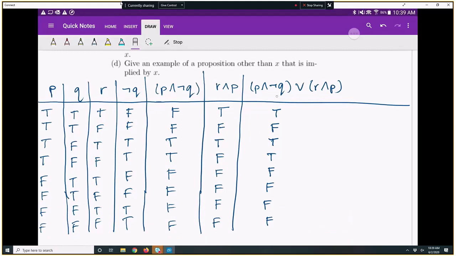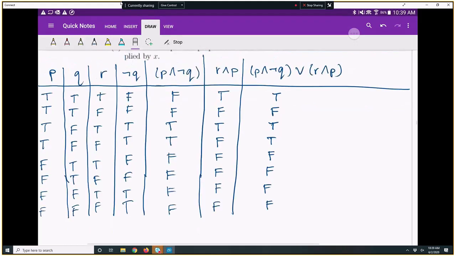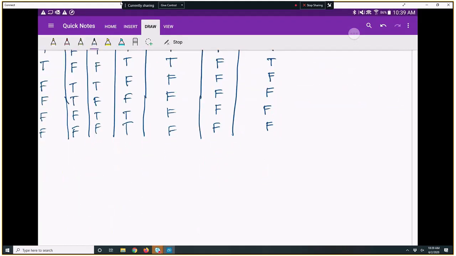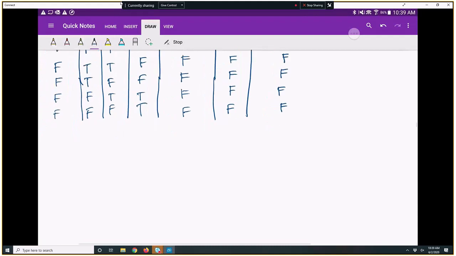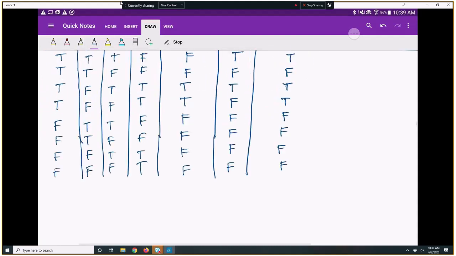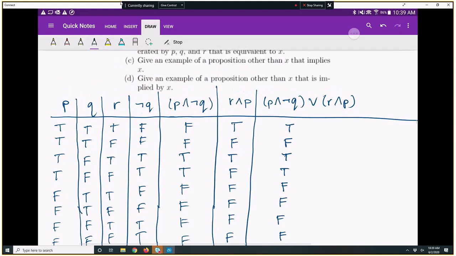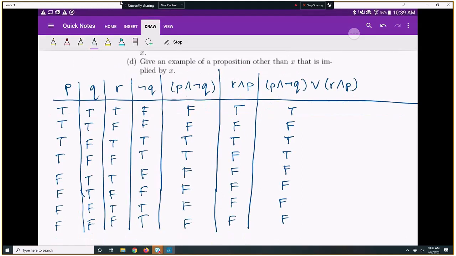So here I have P and not Q, or P and R. So I think that if I write this as P and R or not Q, that might be equivalent. So let's investigate that.